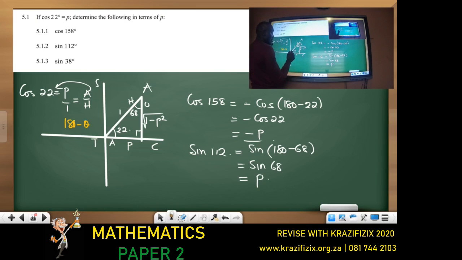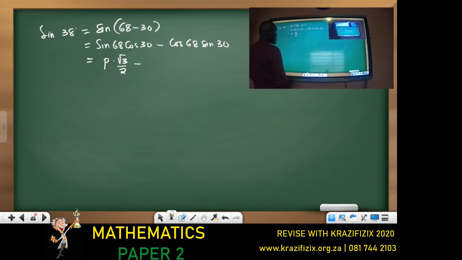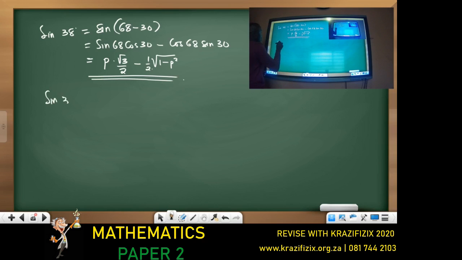And my sine 30 is a half. Basically, there is nothing I can do here. I'm going to leave my answer like that. Let's try something else and confirm.